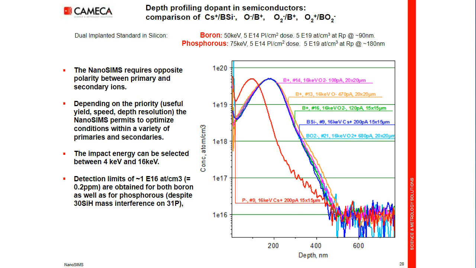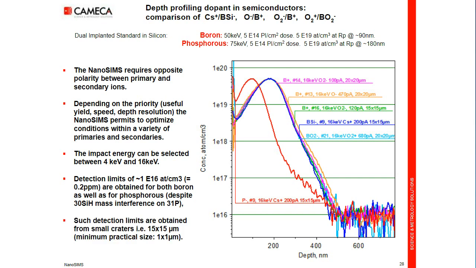So we do not suffer from Si30H mass interference on phosphorus because we work at high mass resolution. The NanoSIMS has this specificity to keep good sensitivity even when we work at high mass resolving power.